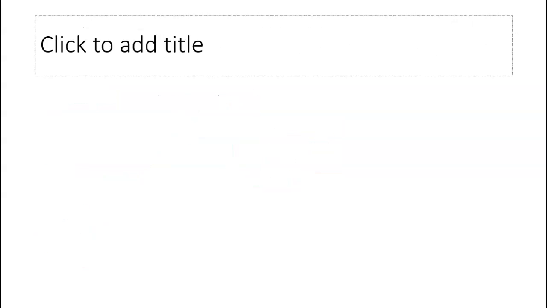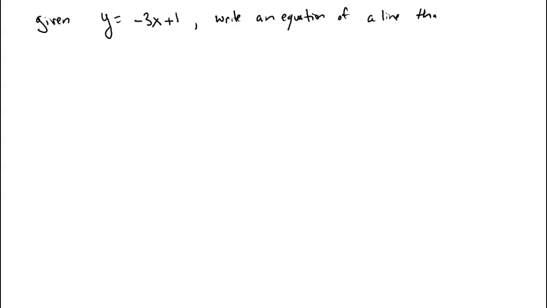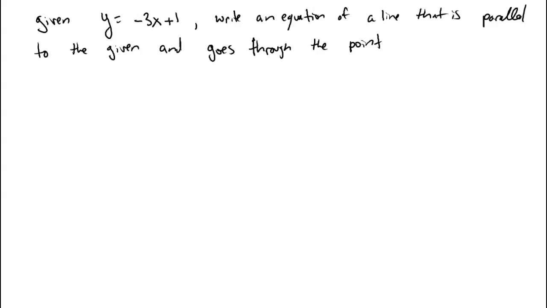Given y is equal to negative 3x plus 1, write an equation of a line that is parallel to the given line and goes through the point, and let's say the point is 1, negative 3.